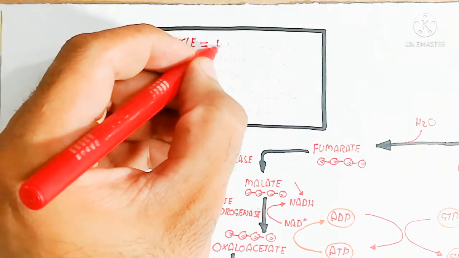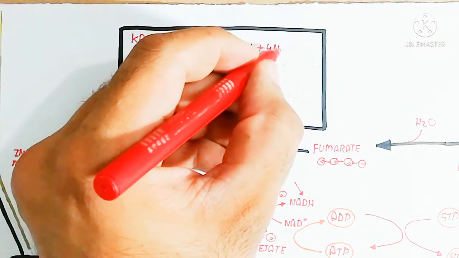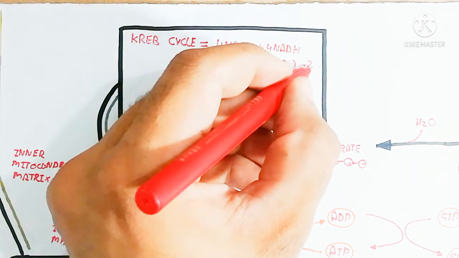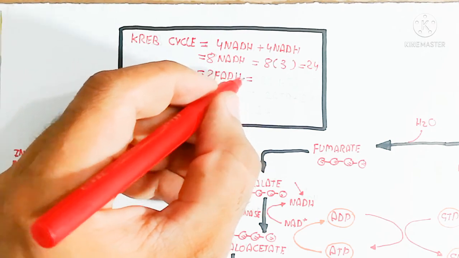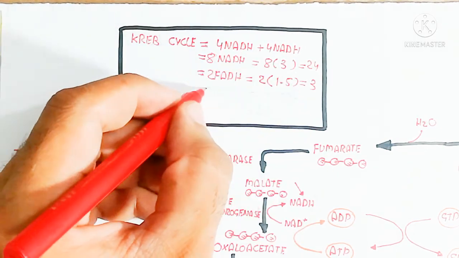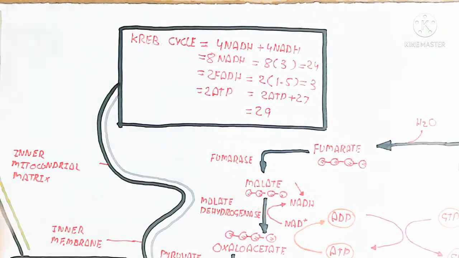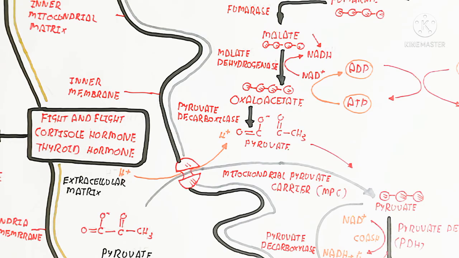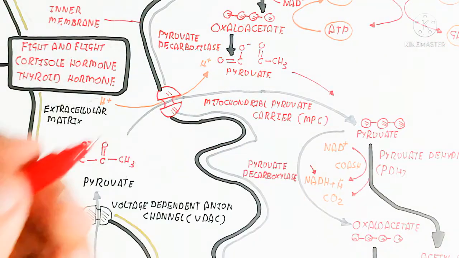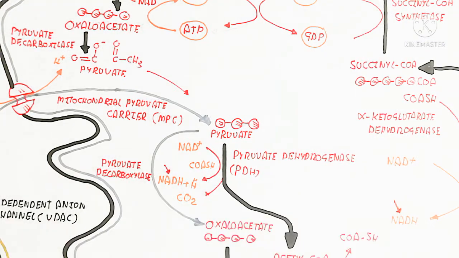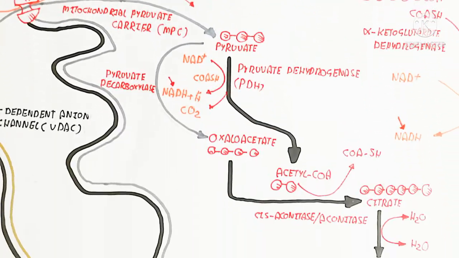So the important thing is that the Krebs cycle contains basically 4 NADH plus 2 pyruvate, it means 8 NADH. On the other hand, glycolysis produces 2 NADH, while the Krebs cycle produces 8 NADH, as well as 2 FADH, which produce 1.5 ATP each from the FADH, and 2 ATP is extra.